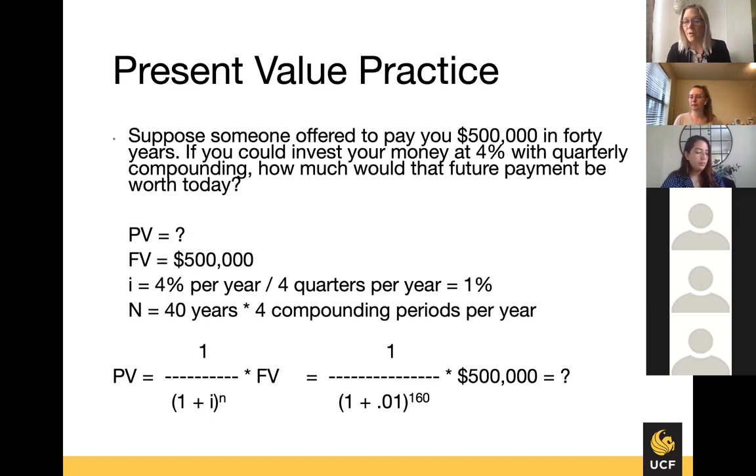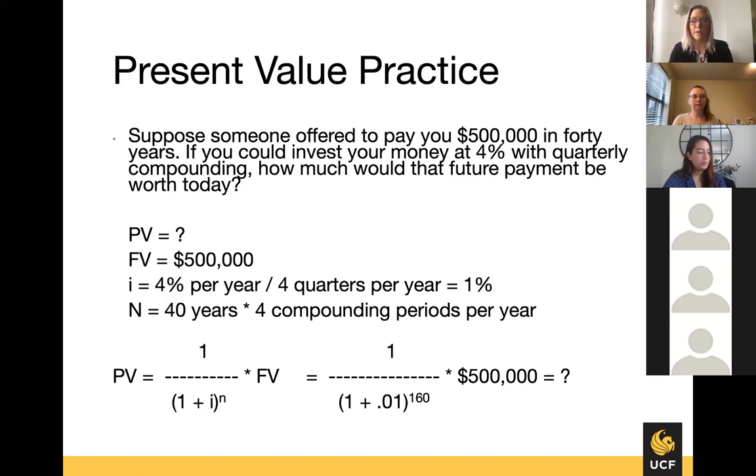So it's going to be worth less to us in today's dollar terms. So in this problem, we're asking what the present value is, okay? So $500,000 40 years from now sounds like an amazing deal. But what does that mean for me today financially?